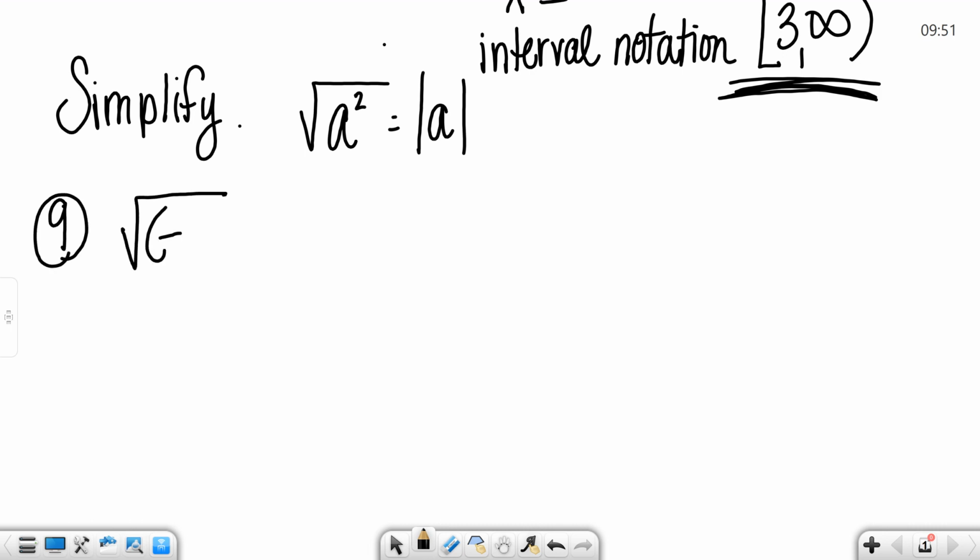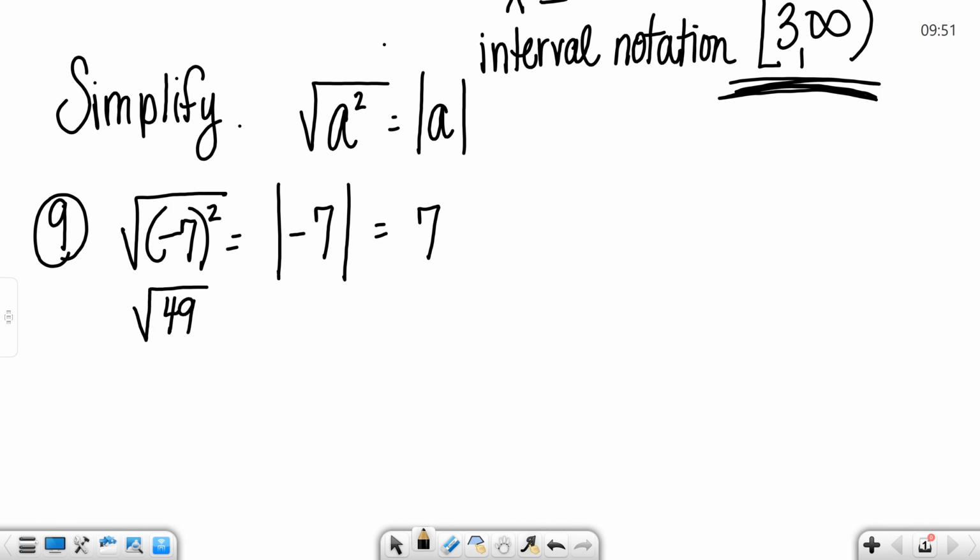If I have the square root of negative 7 squared, then that would be the absolute value of negative 7, which is positive 7. Another way to think about this problem would be, let's do order of operations and do the inside first. We would get positive 49, whose square root is 7. So either way that you look at that, we get positive 7.